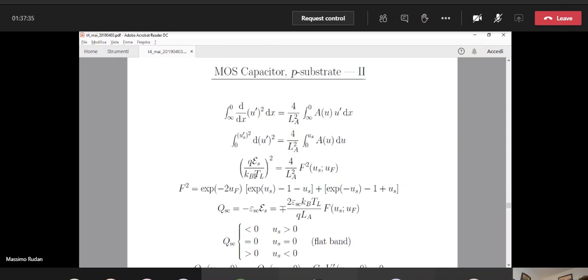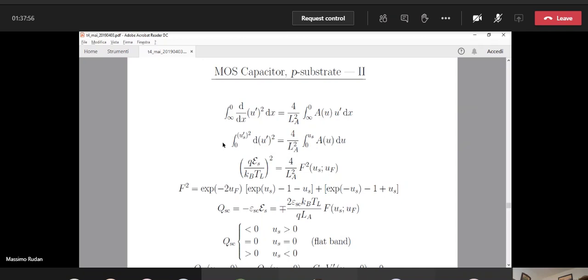So we continue to the third equation. This, of course, is equal to u prime s squared, but u prime is the normalized field, normalized with respect to Q over kT.